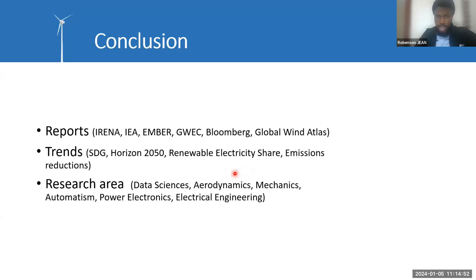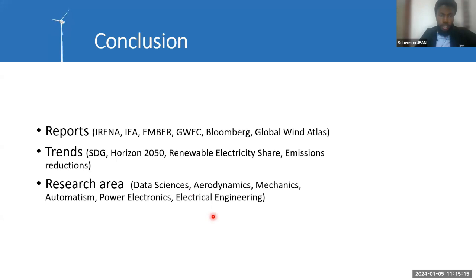So I encourage all of you to go through research areas that are related to renewable energy in order to increase the renewable electricity share and to reduce CO2 and greenhouse gas emissions.